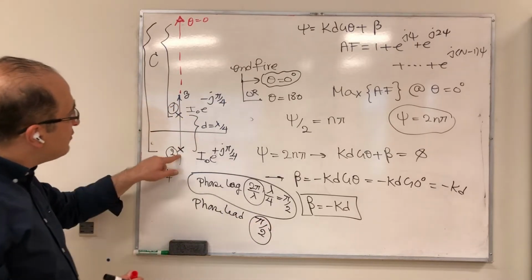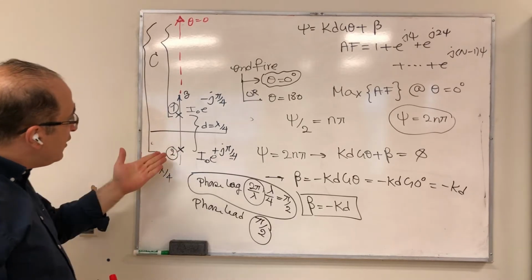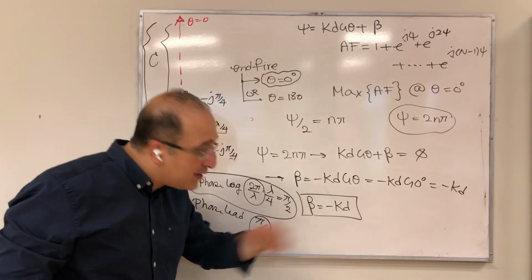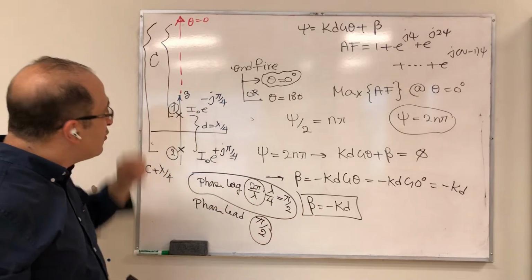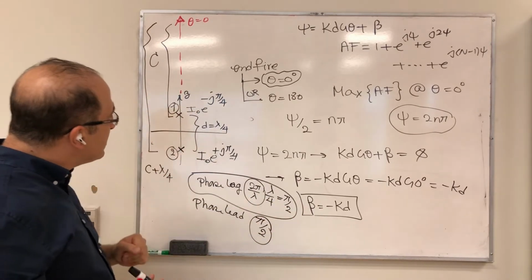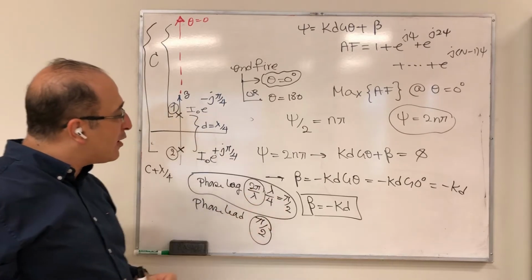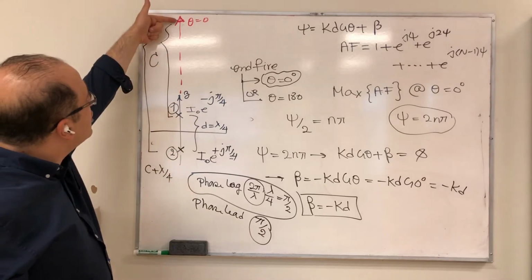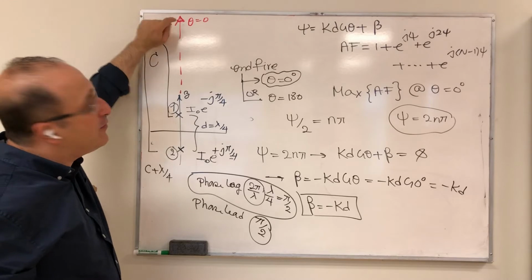So you see, this one had a phase lag because of extra distance. But then you compensated for the extra distance by this fantastic phase that we found here, because this is the trick here, to compensate for this distance. And it did compensate for this distance. And you see, phase lead of pi divided by 2 and phase lag of pi divided by 2 cancel the effect of each other. So essentially, the radiation from these two arrive in phase here.